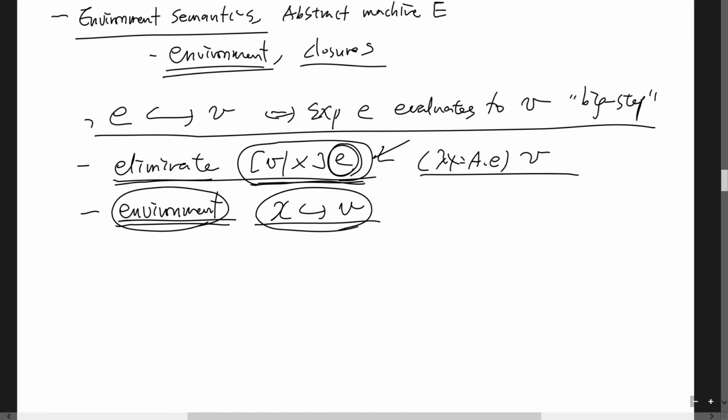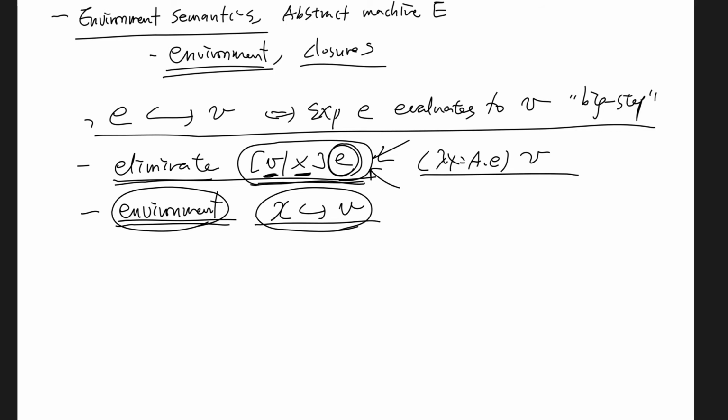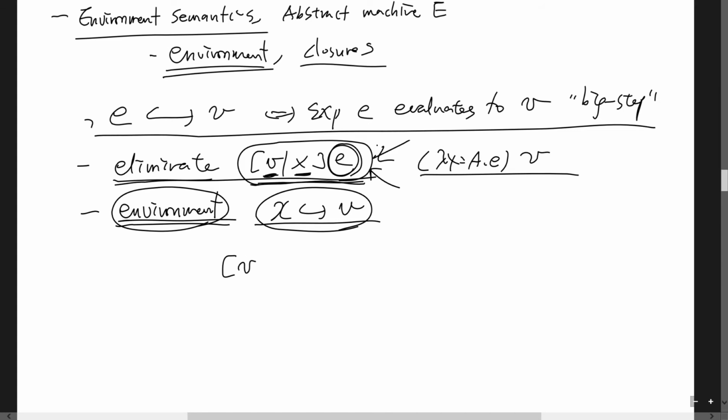So we remember the fact that x should be replaced with the value v, and we do not perform the substitution right away. So if we have v for x in e, instead of performing substitution right away, we just keep evaluating expression e with an environment that contains this mapping, x ↦ value v.